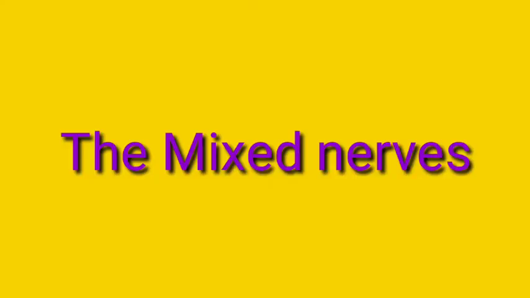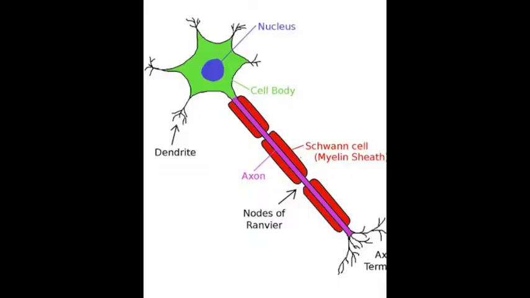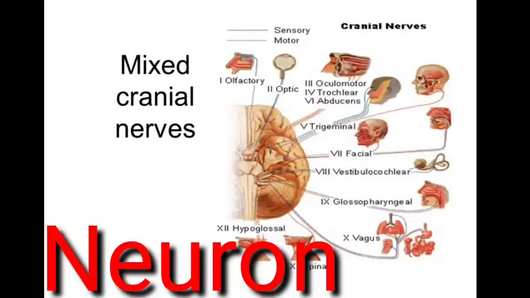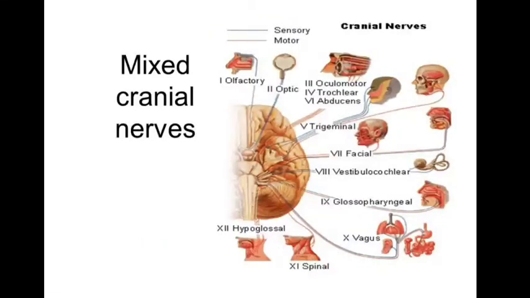Then you have mixed nerves. The mixed nerves carry out information from the brain to the muscles and from the muscles to the brain. So information is carried out in both directions.